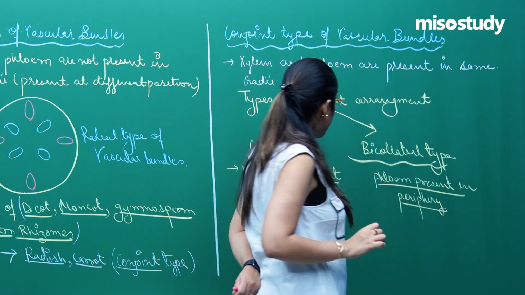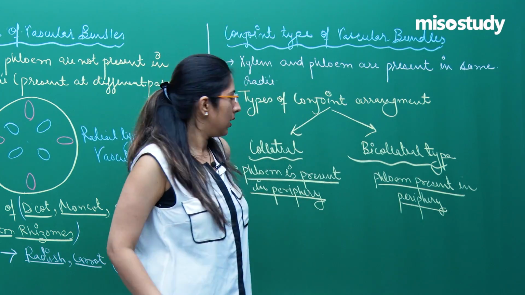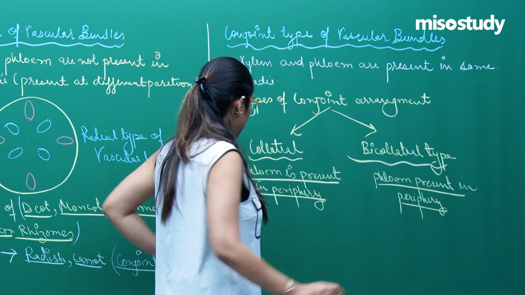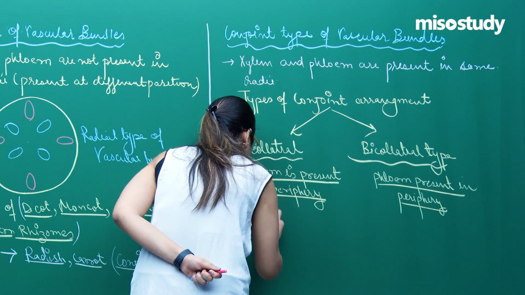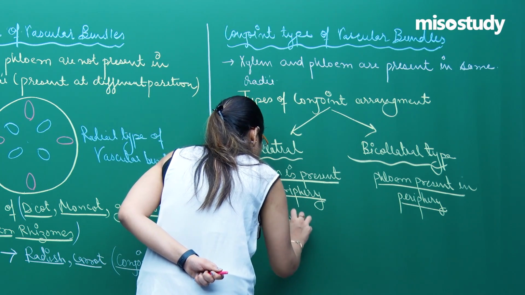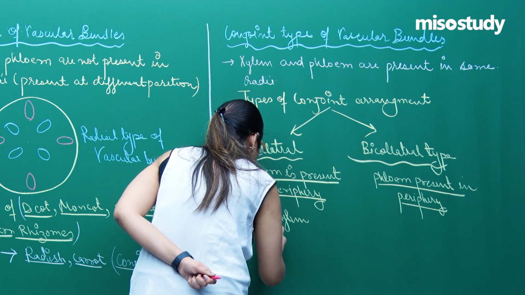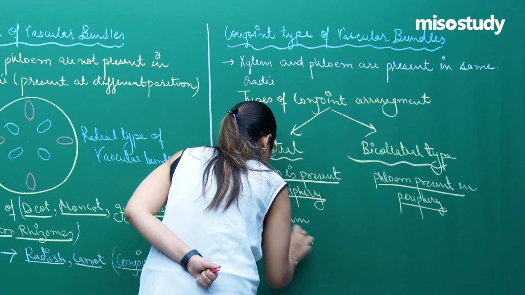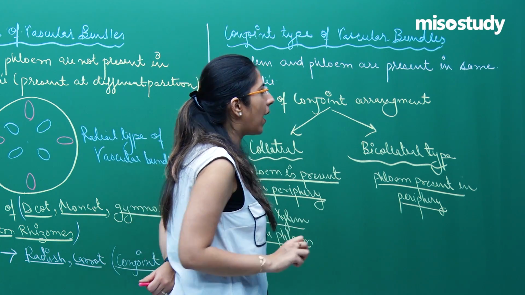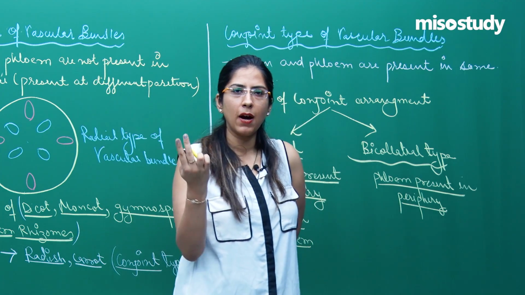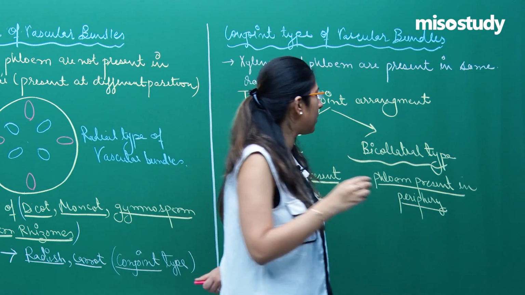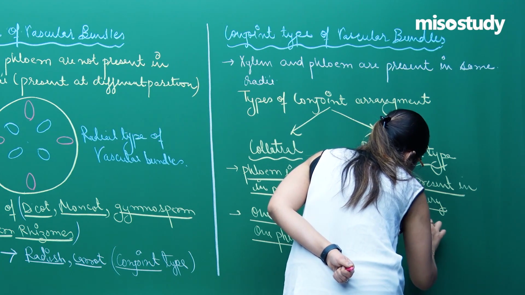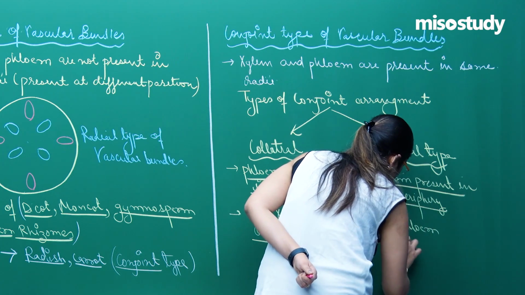Now, what are the differences in the arrangement? In the collateral type we have one xylem and one phloem. In the bicollateral type we have two phloem, primary phloem and secondary phloem, and two cambium, with the center being xylem.